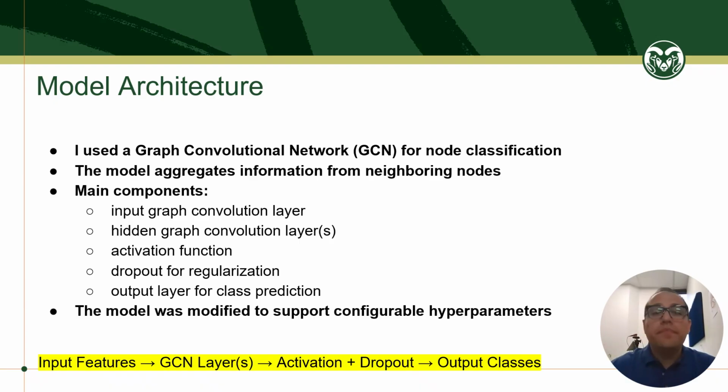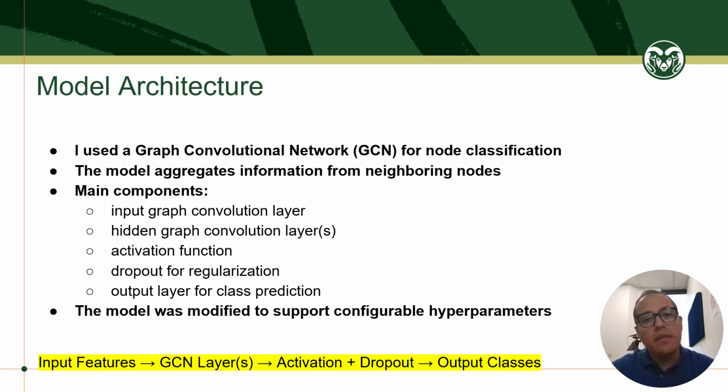I modified the original model so I could systematically evaluate how different hyperparameters affect performance on the Cora dataset. Instead of keeping the architecture fixed, I made the model more flexible, allowing changes in the number of layers, hidden dimension, activation function, dropout rate, and learning rate.